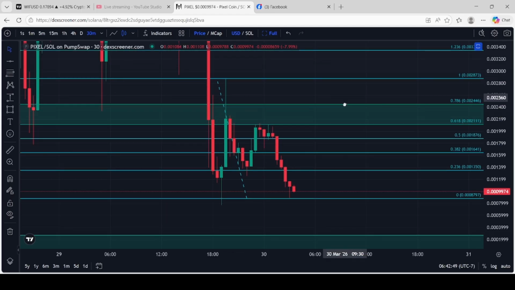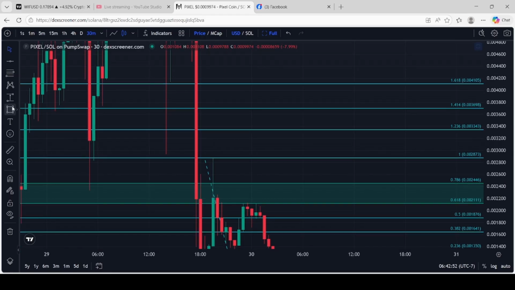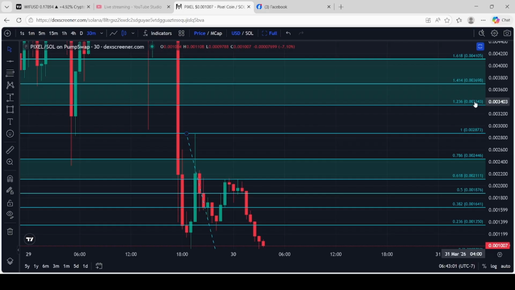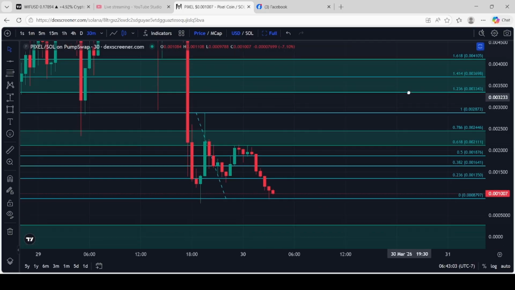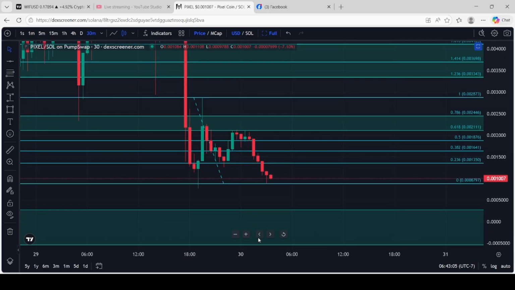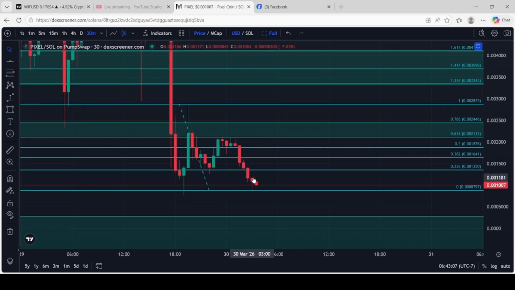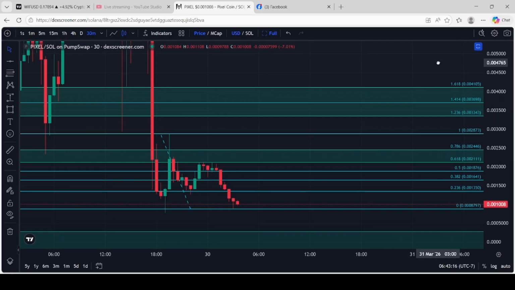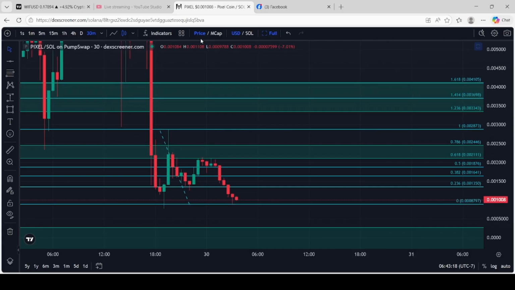If we break this, coming up here between these levels. So that's what I'd be looking at right now. Either we break this and we're coming into these levels, or we're bouncing to the first target, second target, pullbacks and go higher. I'm not sure. You just got to keep looking at level to level.